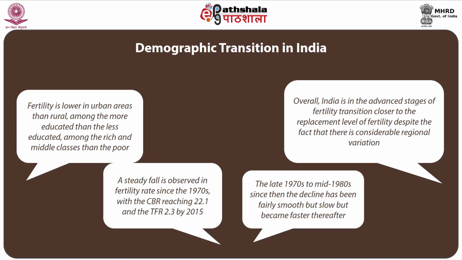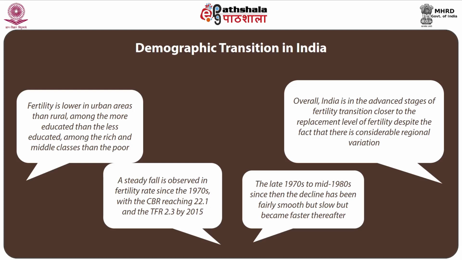A steady fall in fertility was observed perhaps since the 1970s, but a faster decline since the middle of the 1980s. Currently, India's total fertility rate, that is the average number of children a woman has in her reproductive period, comes to around 2.3 in 2015 based on the latest estimates.